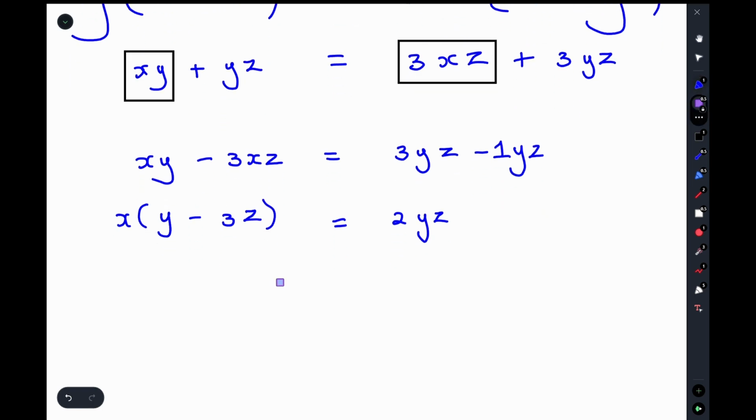Now we want to move this term that does not contain x to the other side, and we will have 2yz divided by y minus 3z, and that's our answer.